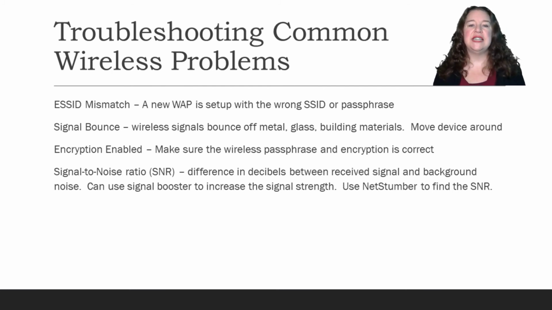And again, use NetStumbler to figure out what that signal to noise ratio is. NetStumbler is going to listen and go, okay, I'm getting X amount of background noise and my signal's coming in at this rate. If that ratio is too high, meaning that you have too much noise, you need to do something about that. So you can either use a signal booster to increase the strength, or you can see what you can do to remove the background noise.